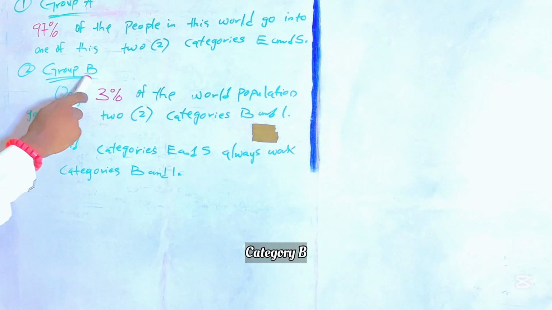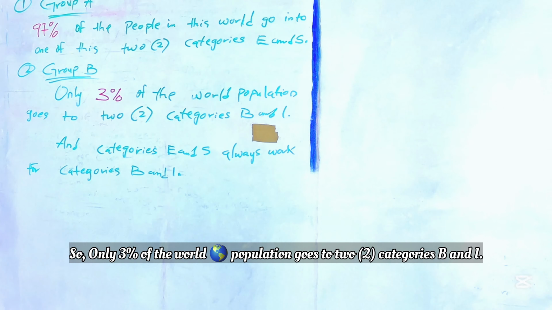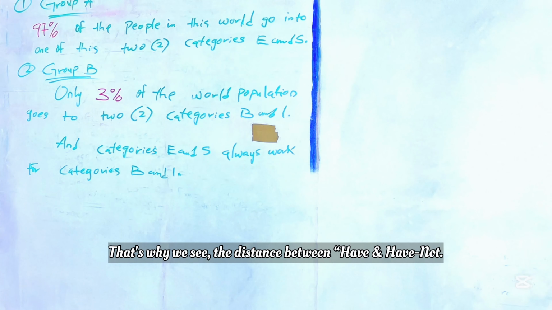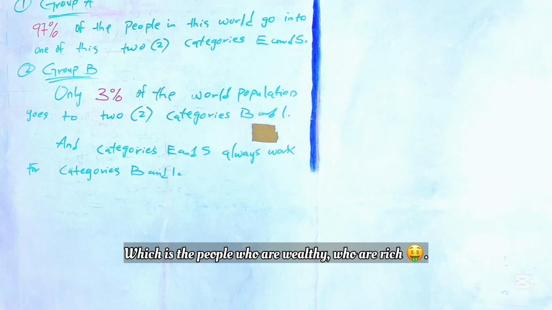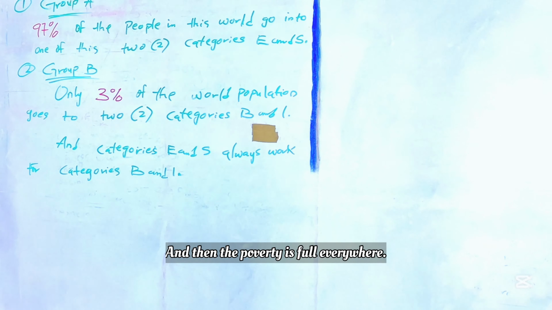So category B, group B: only 3% of the world population goes into the two categories B and I. Only 3%. That's why we see the distance between the haves and the have-nots, the people who are wealthy, who are rich, is very small, and then poverty is full everywhere.